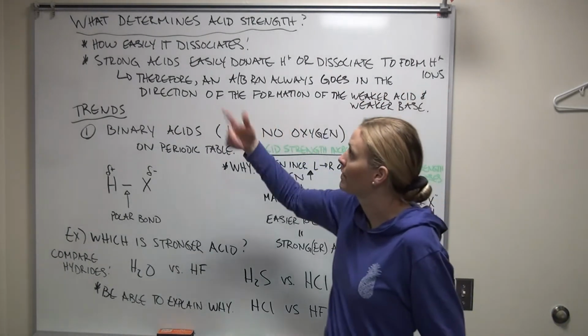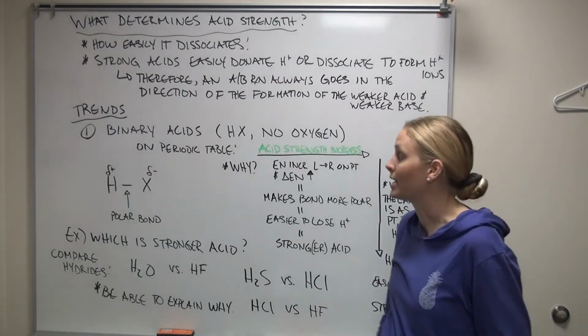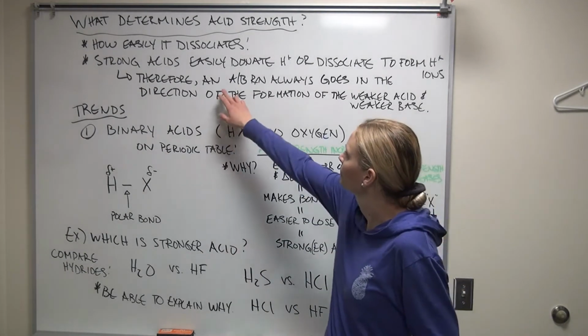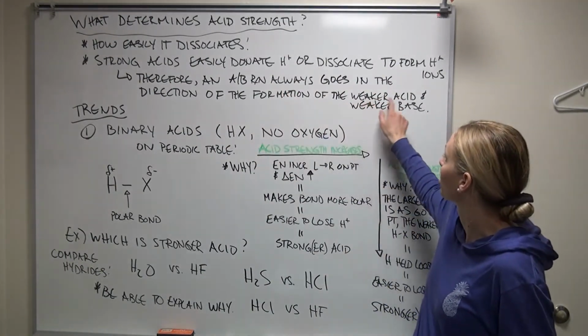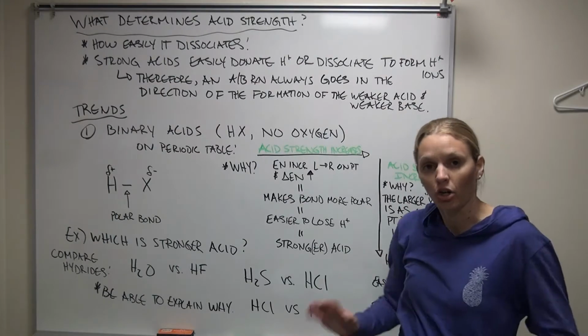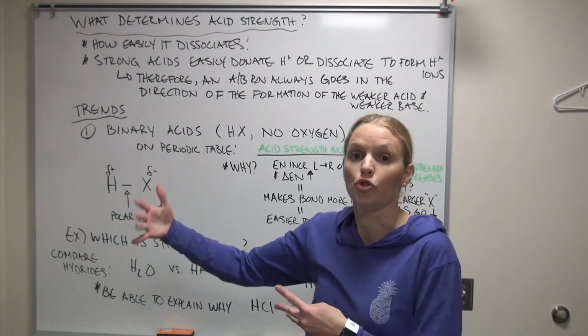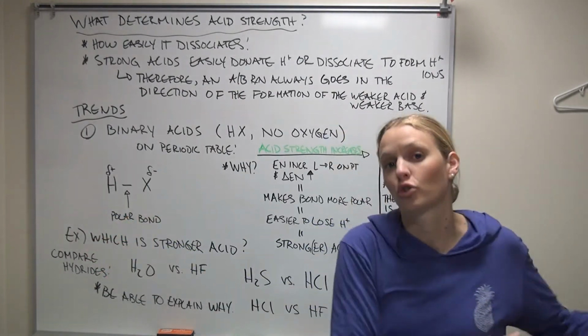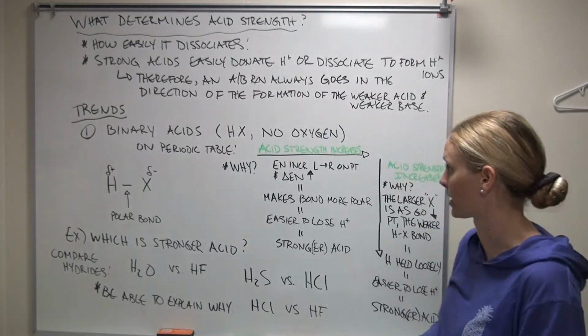Our previous example was looking at what side the equilibrium will lie to. The acid-base reaction always goes in the direction of the formation of the weaker acid and weaker base, the conjugate acid-base species, and that's because the stronger acid or base wants to dissociate. So it will always lie more heavily to the weaker side.